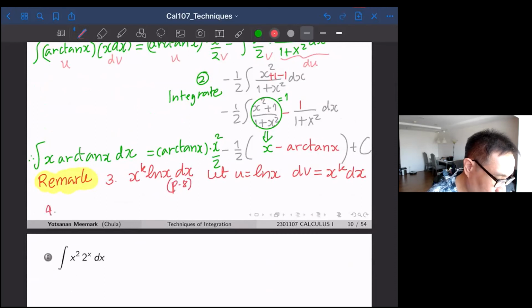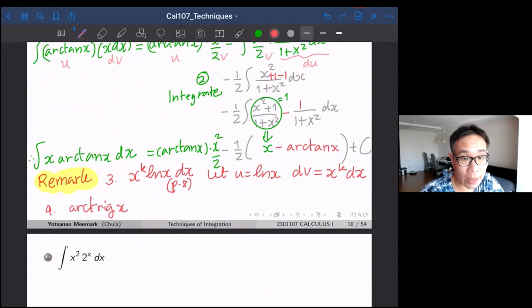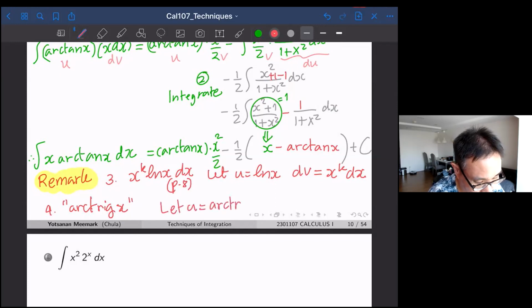And for number 4, when you like to integrate an inverse trig function of x, arc sine, arc tan, you're going to let u be that inverse trig function of x, and dv is the rest of the term.